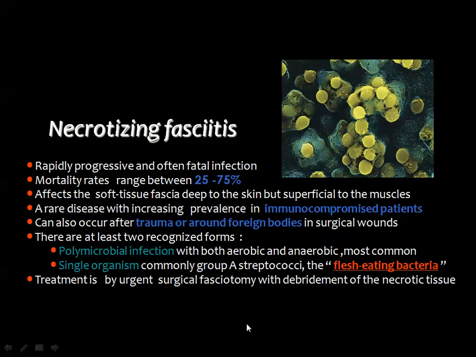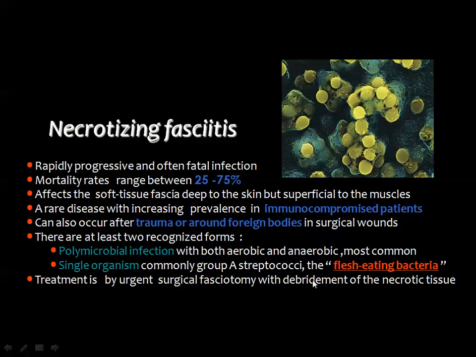This disease has a prevalence, of course, in immunocompromised patients, and it may occur after trauma or secondary to the presence of foreign bodies that may be retained during surgery, for example.